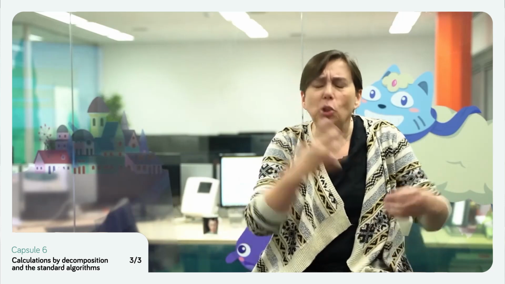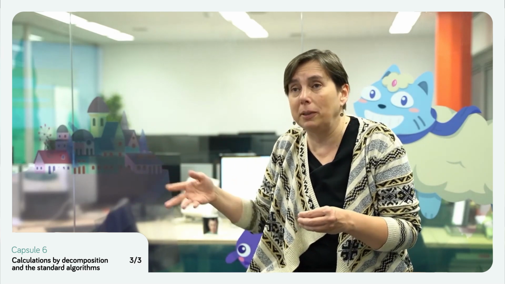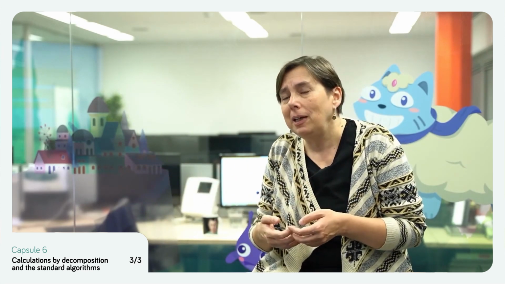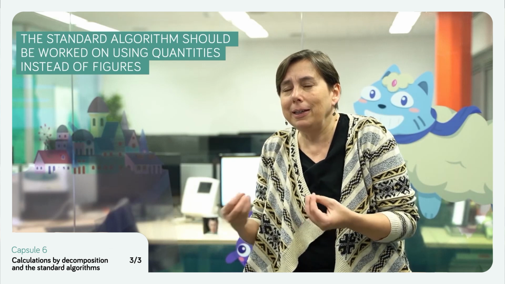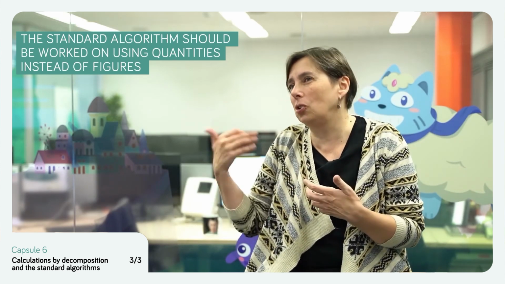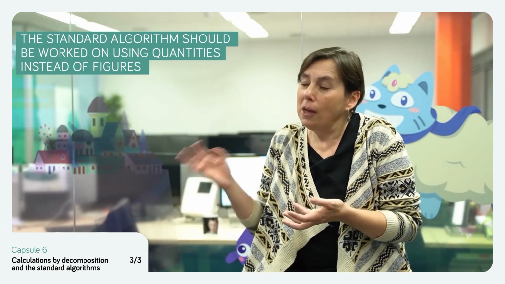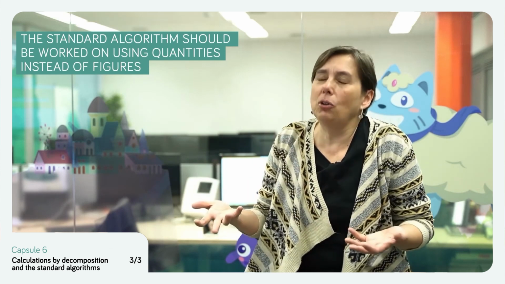One last aspect that I would like to mention is that even if we have already come to the end and are working with standard algorithms, for example in middle or upper primary, nothing prevents us, when using a standard algorithm, from accompanying it with a discussion on quantities. This aspect of the decomposition algorithms can be transferred to standard algorithms.